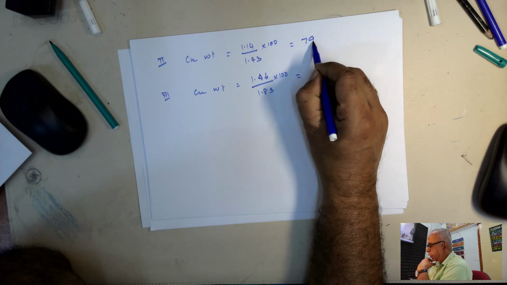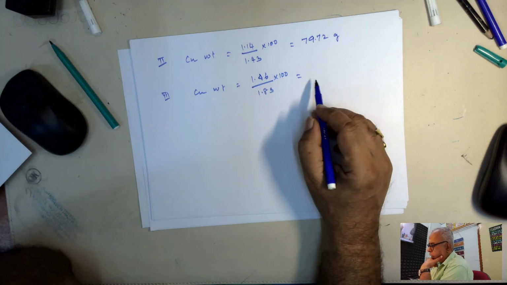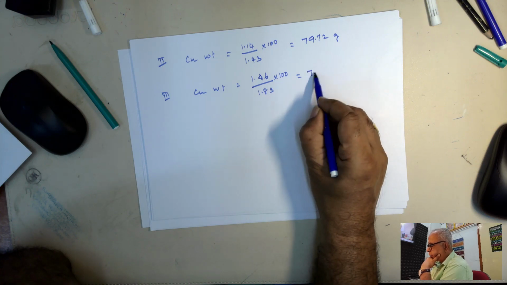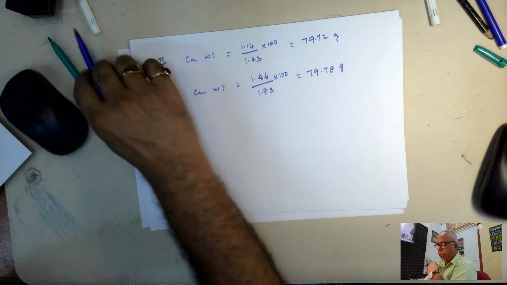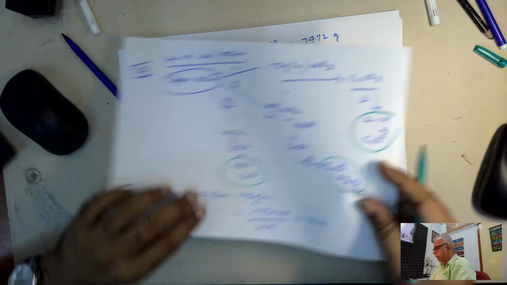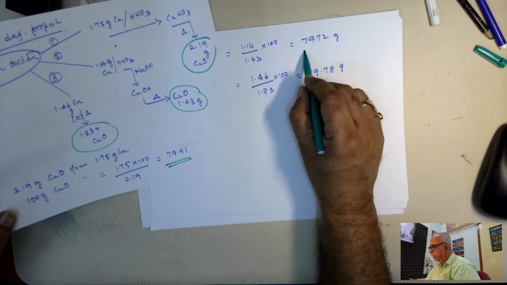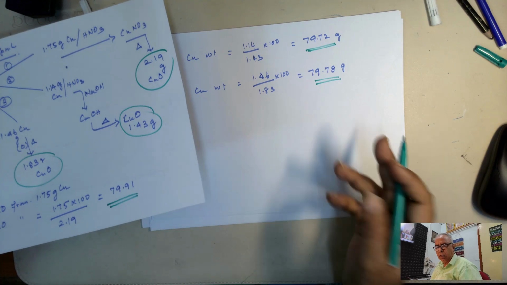Again 79.72. Okay, this is the copper weight. And here 78 gram. So in almost all these cases, you are able to get, for 100 gram, 79.7, 79.7, 79.7, almost equal.